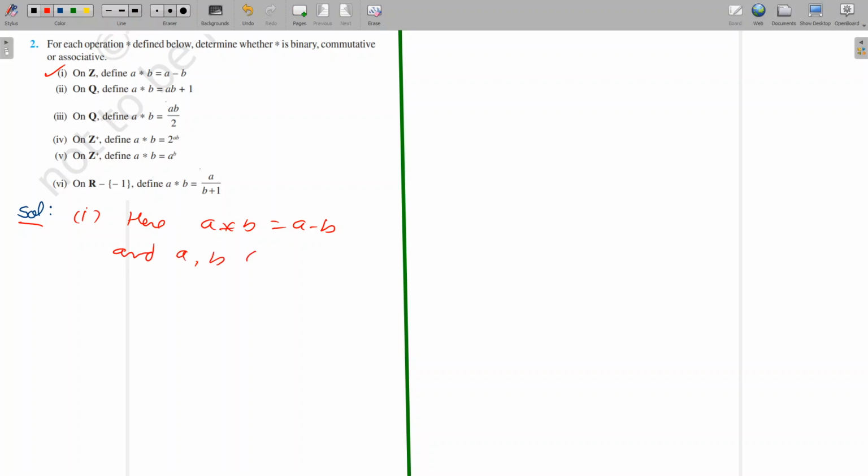A, B both belong to Z, and we know that the difference of two integers is always an integer.